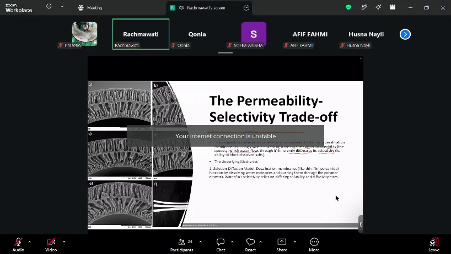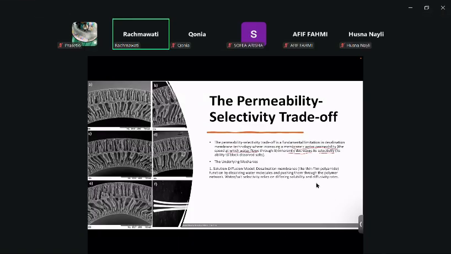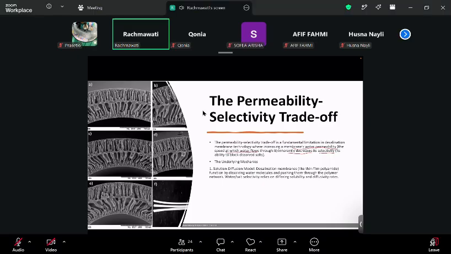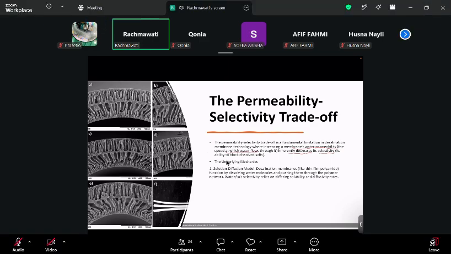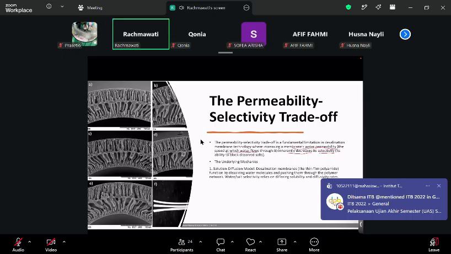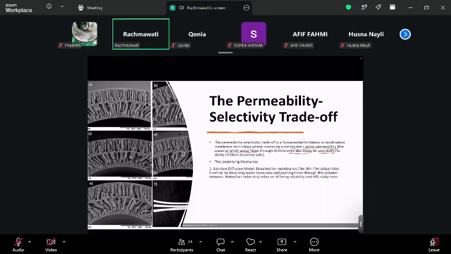Now, the underlying mechanics: we have a solution-diffusion model. Desalination membranes like thin film polyamide function by dissolving water molecules and pushing them through the polymer network. The polyamide, for example, has CONH, the carbonyl and NH, so they can interact with water via hydrogen bonding, and the water can pass through.